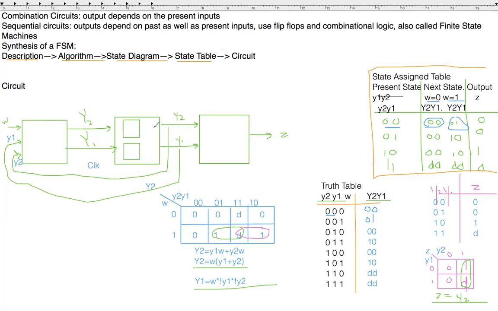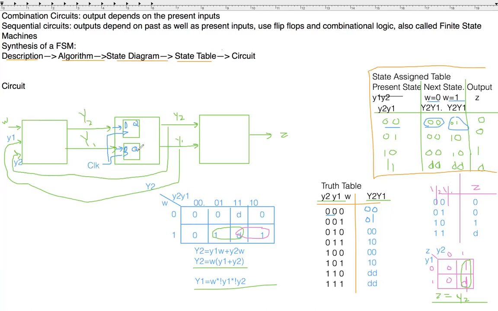So my clock going to this one here is going in here, and then we're going to have a clock in here as well. And then the Q is going to be Y2 here, Q is going to be Y1 here. Sorry, my D, because these are D flip-flops. And then the output produced is going to be Q here as well.